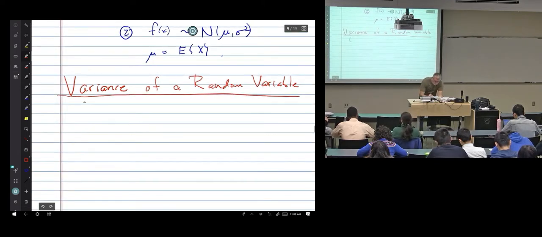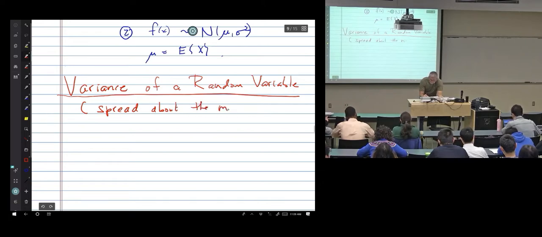This is really the spread about the mean value.